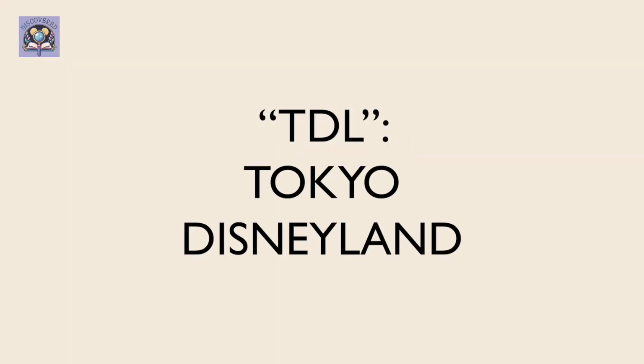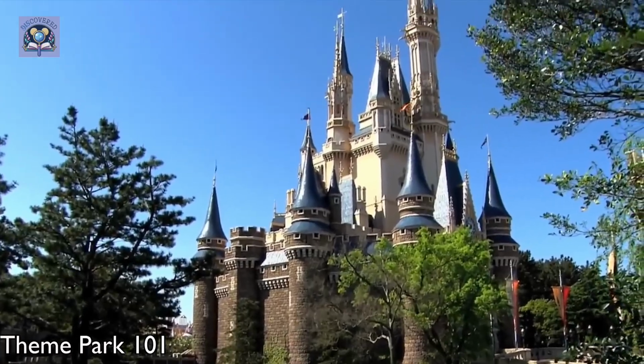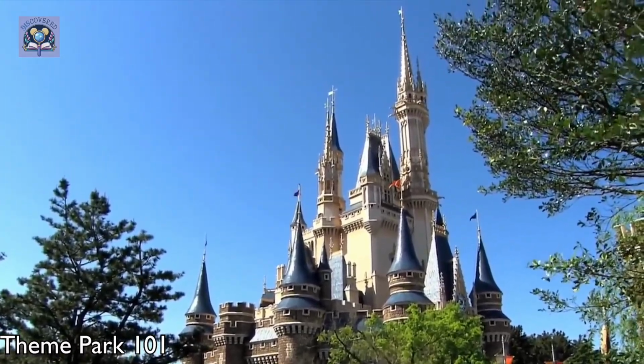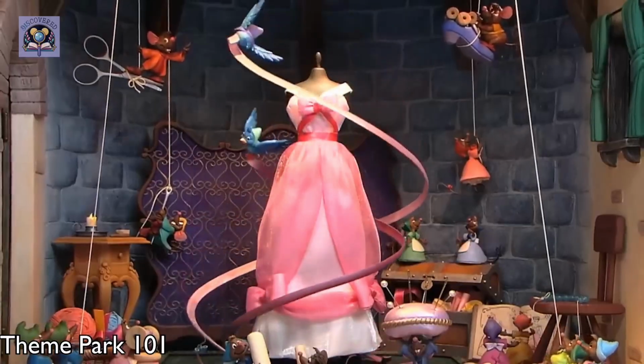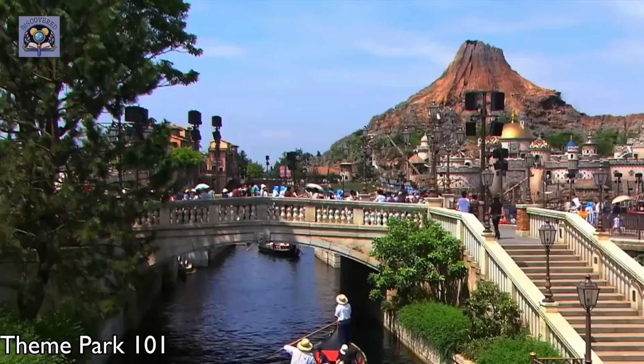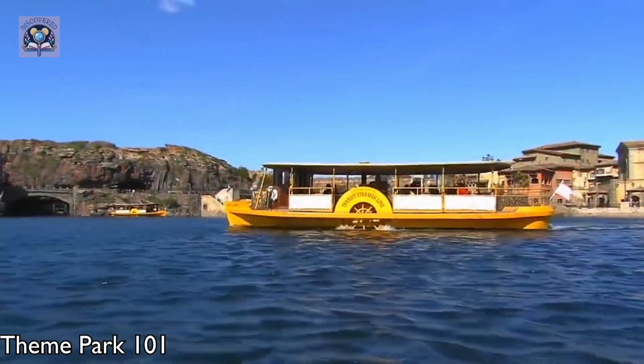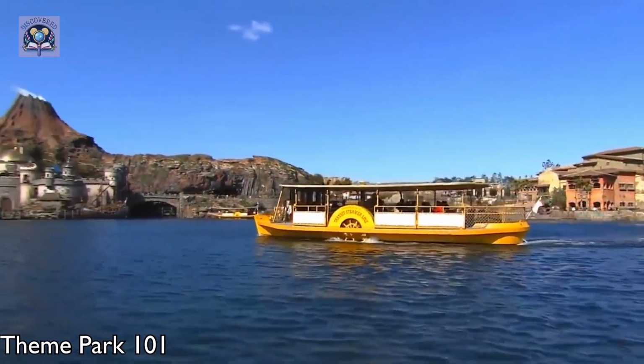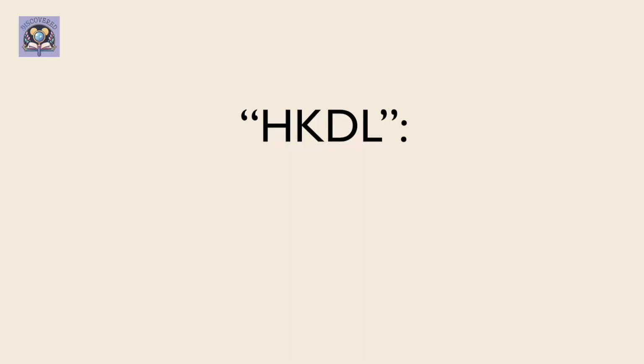TDL, Tokyo Disneyland. Tokyo Disneyland is arguably one of fans' favorite parks around the world, and it is heralded for its innovative animatronics and beautiful live entertainment. TDS, Tokyo DisneySea. It is widely considered the best designed Disney park in the world, and it's definitely a must visit for serious Disney fans.